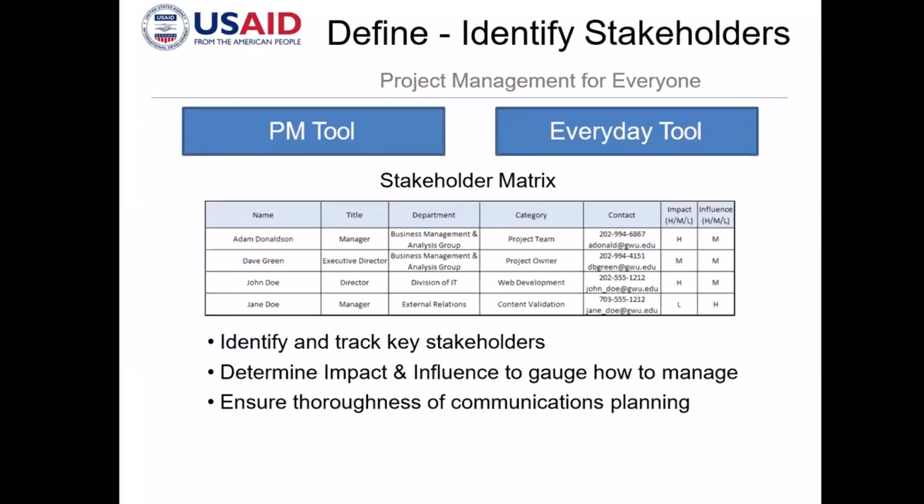Okay? And it's also important to have your stakeholder matrix, because when you do the status report, you will have to include each and every stakeholder that needs to be informed on the status of the project.